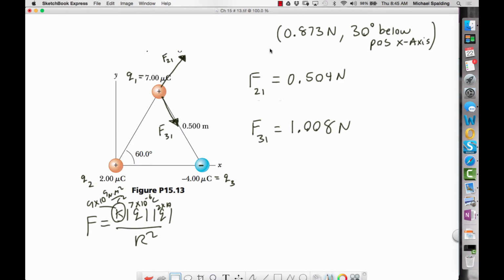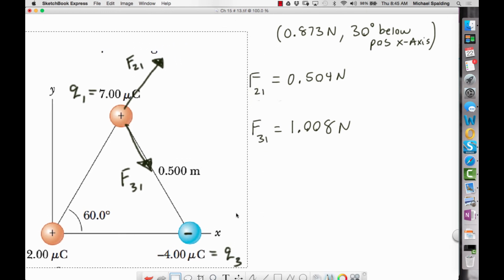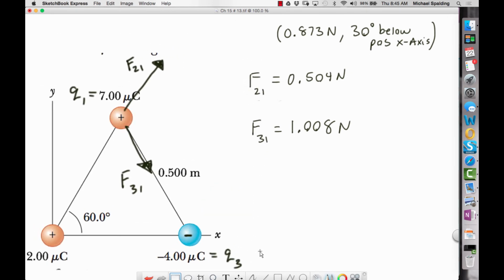To erase that, we're going to make some room. Let's grab this, kind of blow this up. Okay. The rest of this problem is vector. So we know that F21 is 0.504 newtons and F31 is 1.008 newtons.